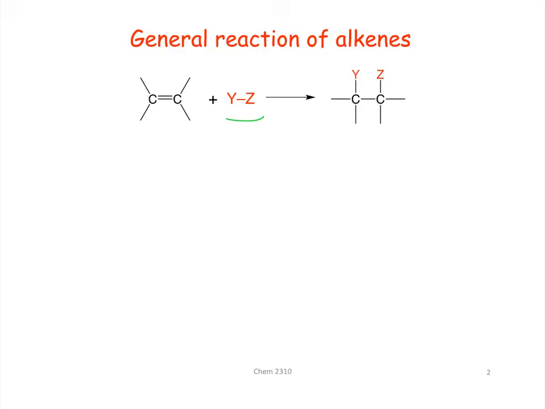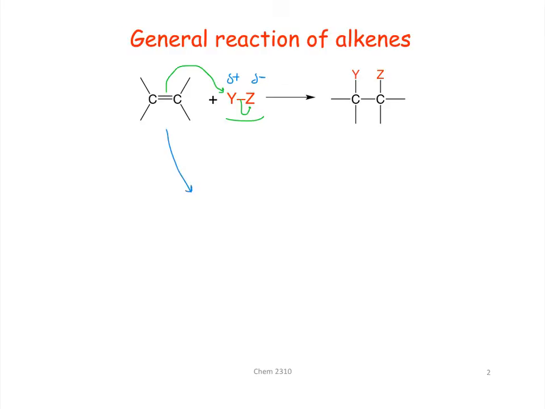I just have it here, Y and Z. Oftentimes this Y and Z will be a polarized bond where we have a delta plus on one side and a delta minus on the other, but we'll see that's not always true. So often what happens is that the pi bond reacts with the delta plus end of this YZ molecule, breaking the bond between the Y and the Z.